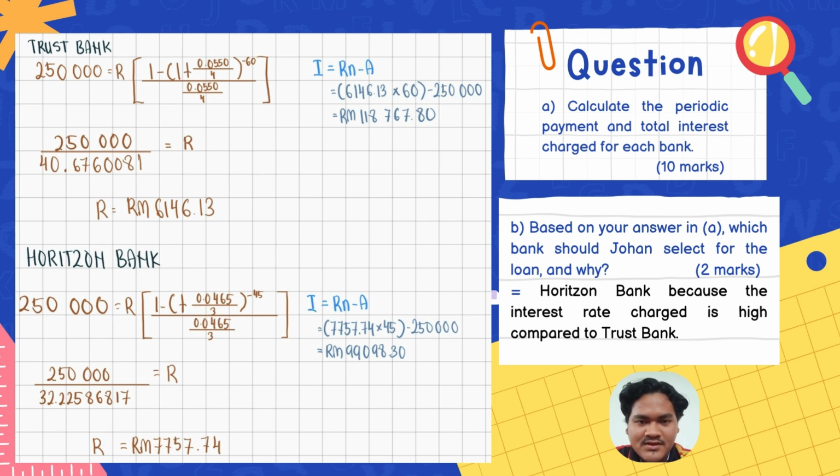Next one, 215,000 per 32.22586817 equals R. R equals 7,757 ringgit 74 cents. Horizon Bank because the interest rate charge is high compared to Trust Bank.